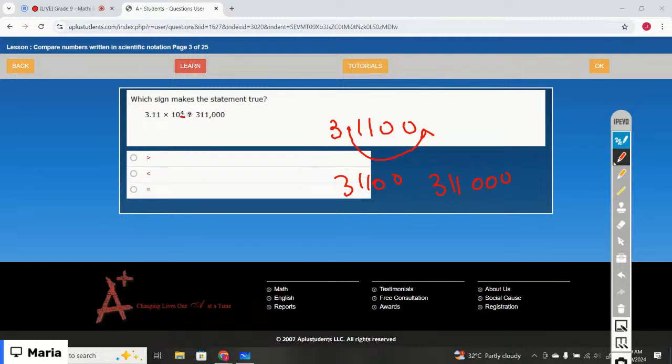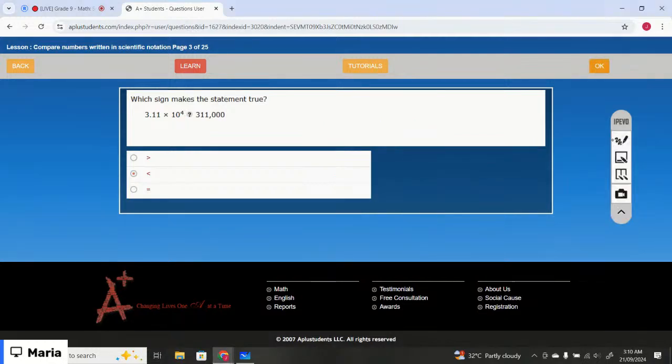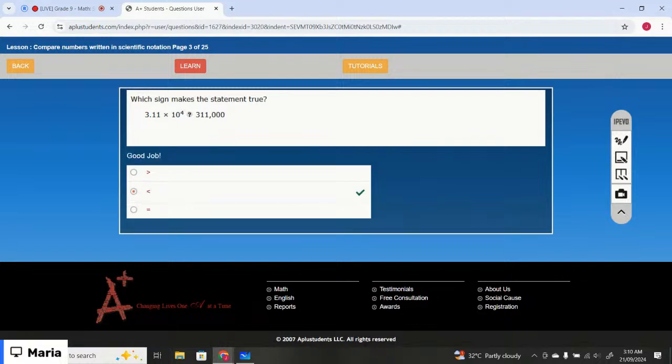So which is the correct option? 31,100 is less than 311,000, right? So less it is. Option number 2 is the correct option.